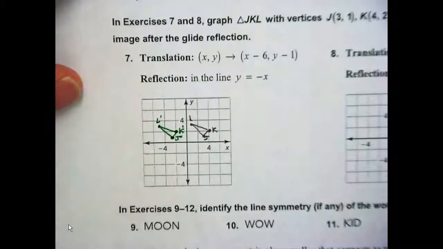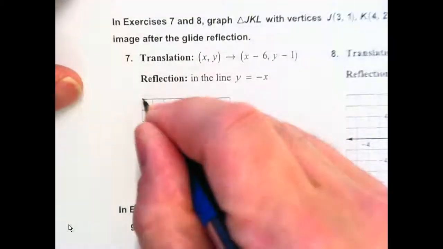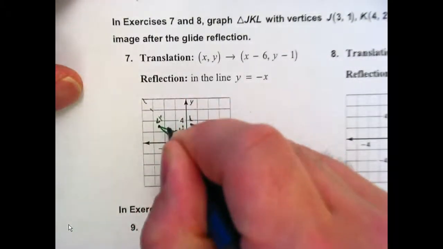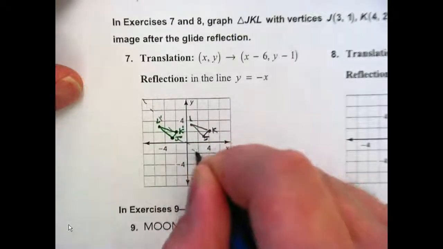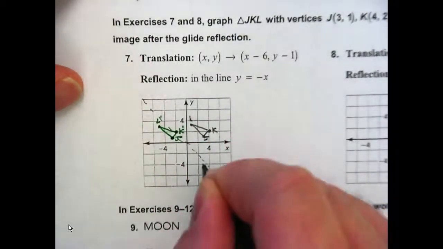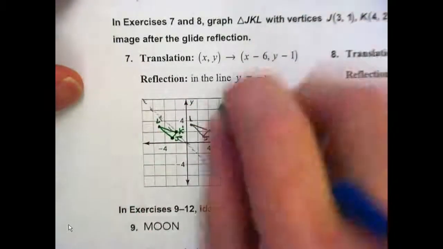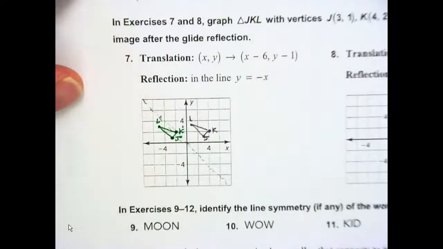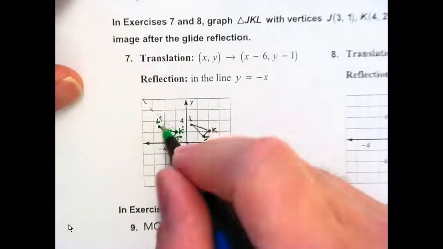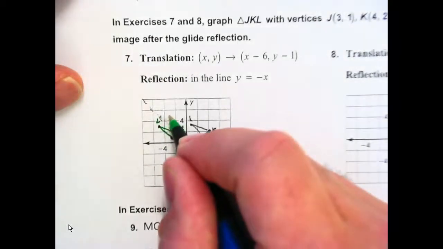So there's our slide, and then we want to reflect it across the line y equals -x. So that is this diagonal right here. This point moves up there.